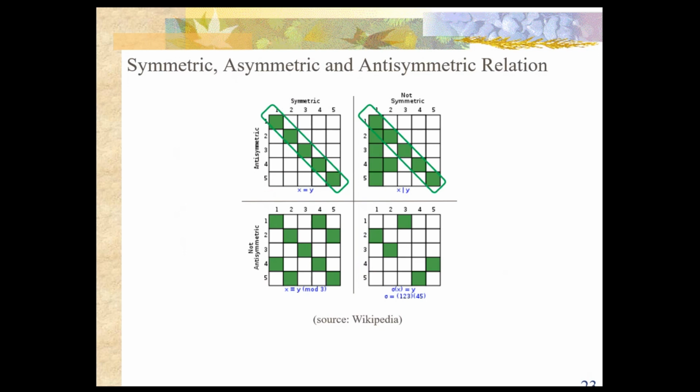I think this slide can help us wrap up the differences between anti-symmetry versus asymmetry, right? So you see the first quadrant here appears to be symmetrical, but it's anti-symmetric. Why? Because remember one of the criteria in anti-symmetric: if none of the segments have values, then don't forget to check the diagonal cells.